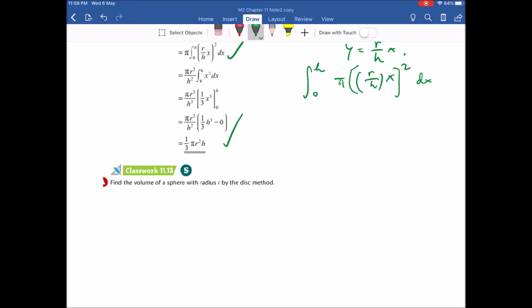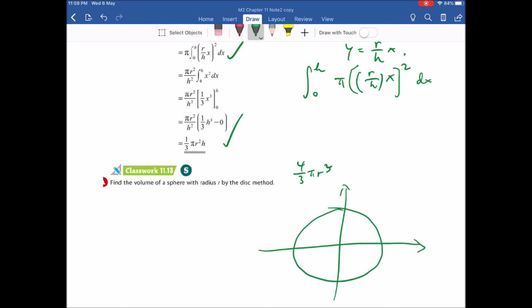And then find the volume of the sphere with radius r. We all know that it is 4 over 3 pi r cubed. How to prove it? For example, the circle x squared plus y squared equals r squared. If you cut it here, this is dy and this is x.